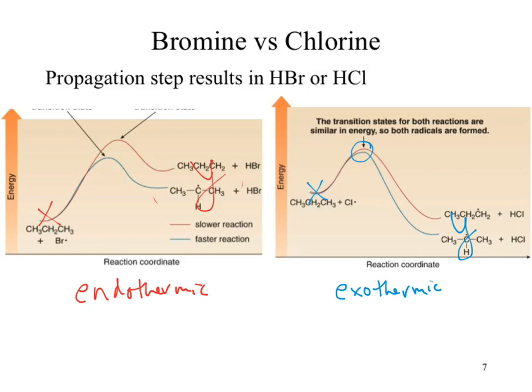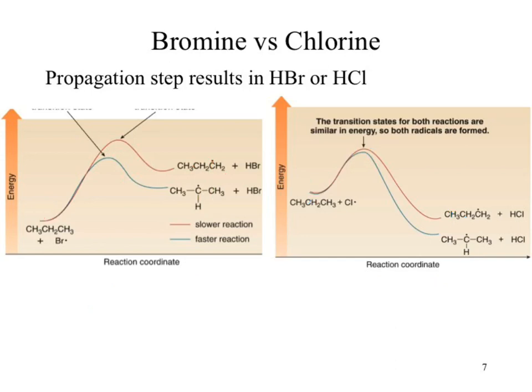If I try to draw an iodination reaction, where would I put the intermediate? It's going to be very, very high. Why is it very, very high? It's very, very selective.